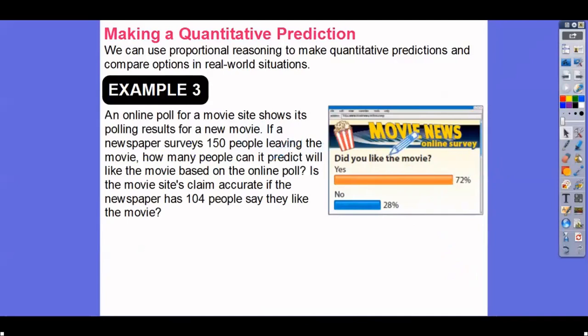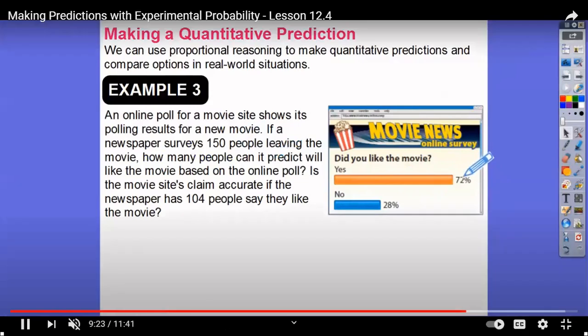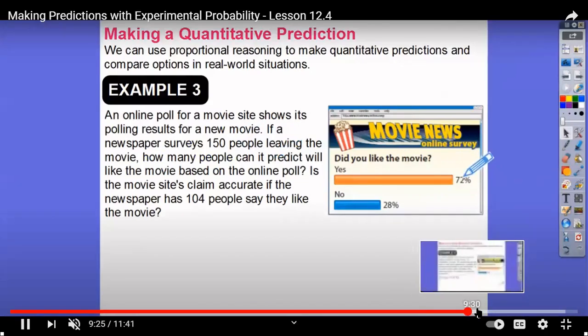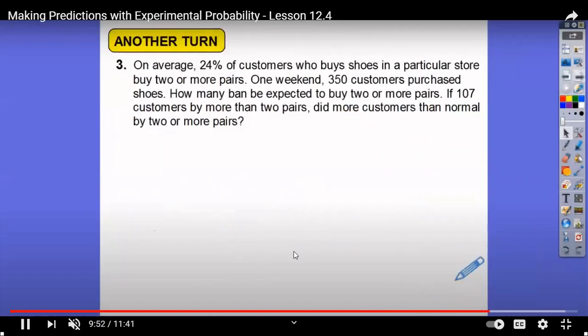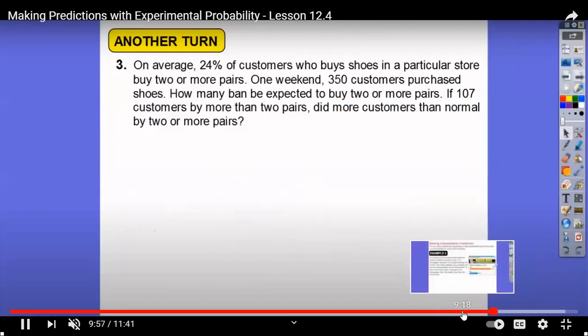What is the percent of the people who like the movie in this question? How many percent? 72%. Yes. And who said no, they didn't like the movie? 28%. So we will calculate. They surveyed 150. First, 72% of 150 will be 108, right?